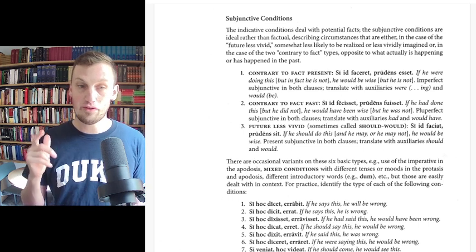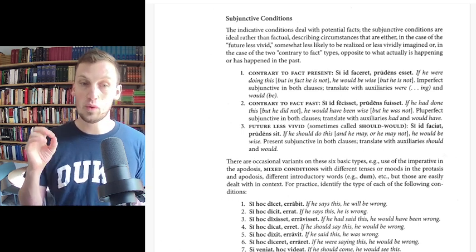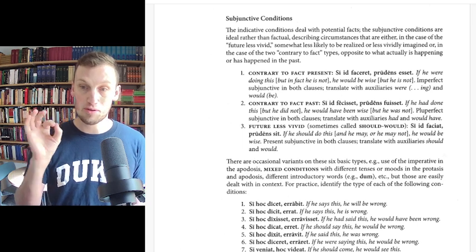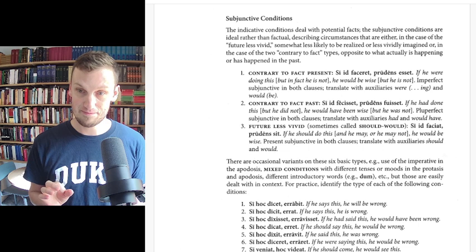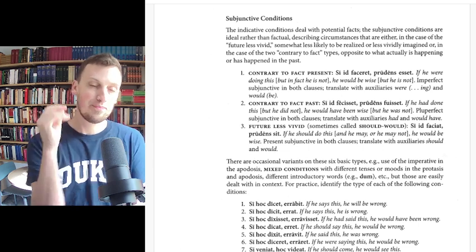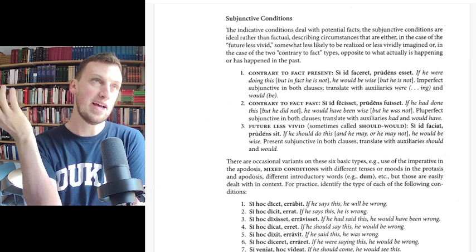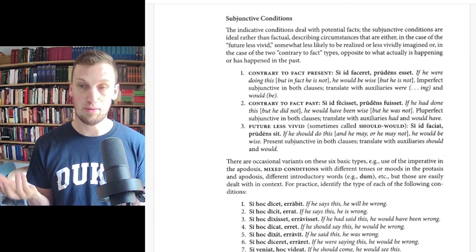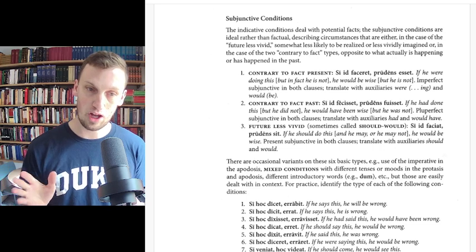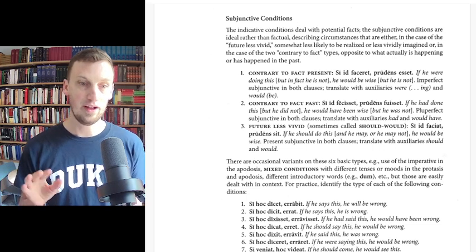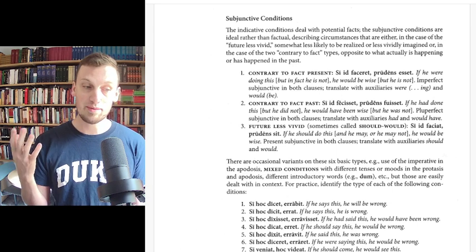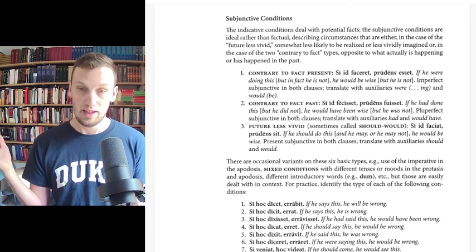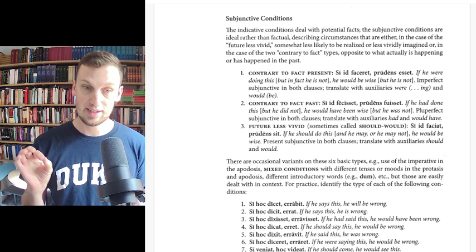For the contrary to fact present, you are going to use in the protasis the imperfect subjunctive. The textbook example has you using imperfect subjunctives for both the protasis and the apodosis. Not always the case, as noted at the bottom of this page, but for something that is not the case, you are using the imperfect subjunctive.